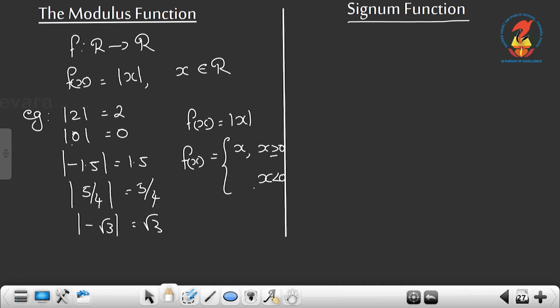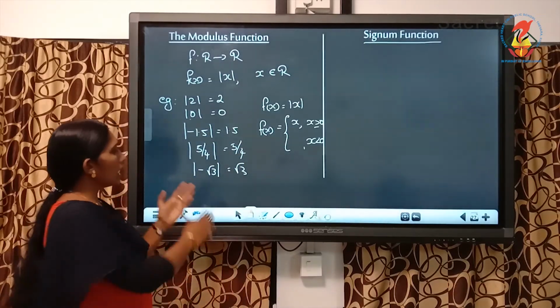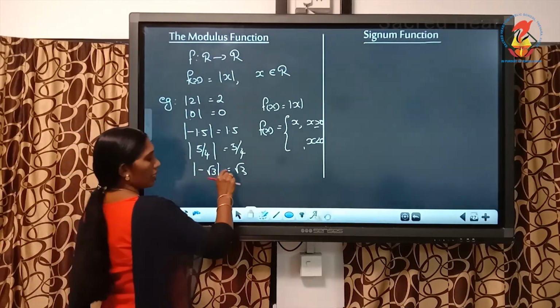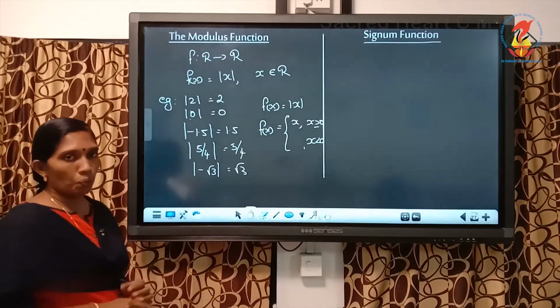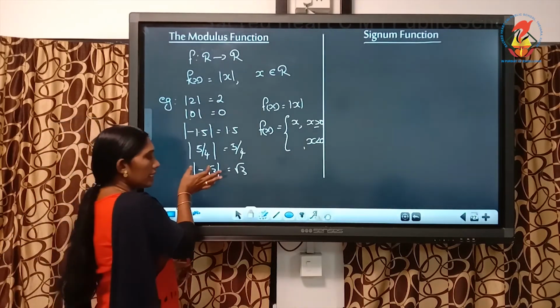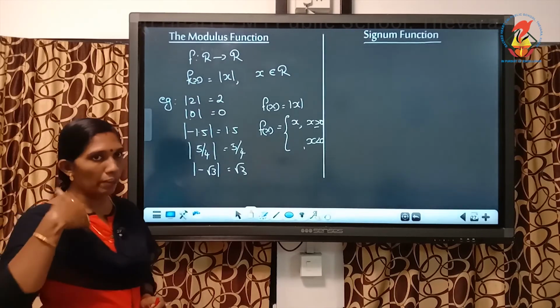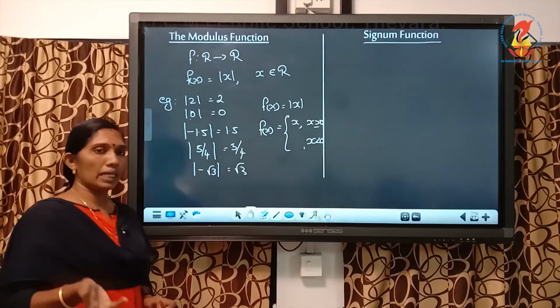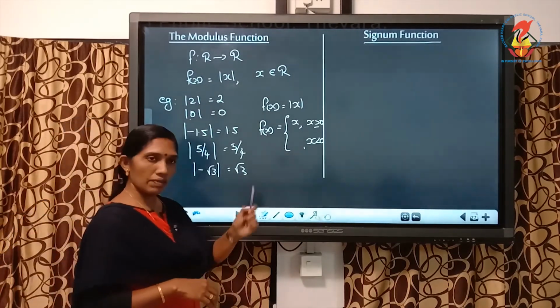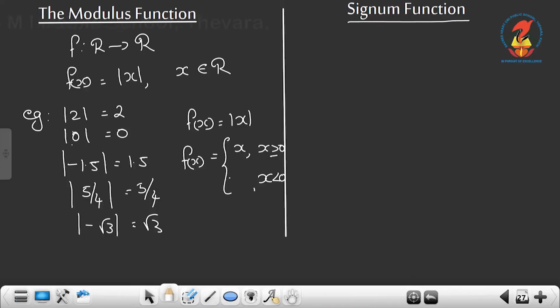So how do we write it? We can't say we neglect the sign and write the answer; mathematically you have to represent it. So mathematically how do we get minus root 3 to root 3? You have to multiply by a minus sign. So whatever is inside this, if it is a negative number, you have to multiply by minus of the number, then only you will get a positive number. So when x is less than 0, what you have to do?